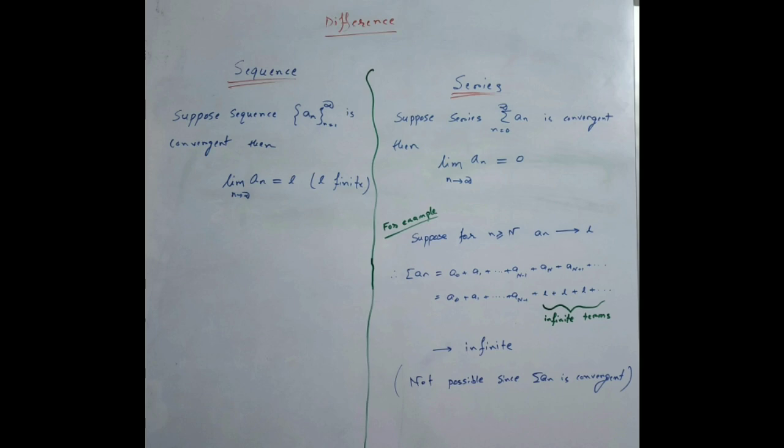So from a_N, all the elements are going to be L. So if L is not 0, then we have infinite terms with L. So the sum of these infinite terms will be infinite. So our series is going to be divergent, but we have assumed that our series is convergent, so it is a contradiction. So L can't be a finite number other than 0.